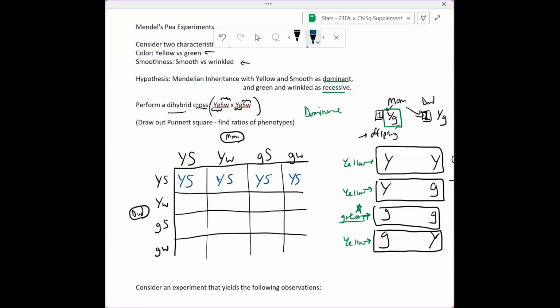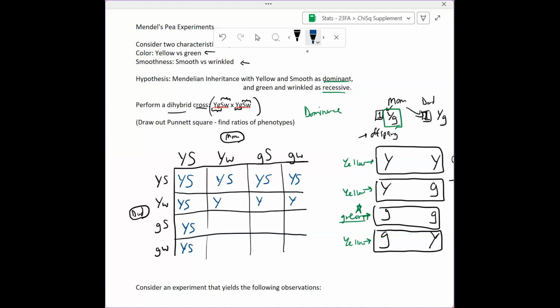So in the case that one parent gives both dominant alleles, that whole row or column becomes those dominant phenotypes. We can go down here as well and say the same thing. Mom's yellow and mom's smooth is going to trump anything that dad throws at the situation. Now going across the second row down, yellow is always going to win over green.